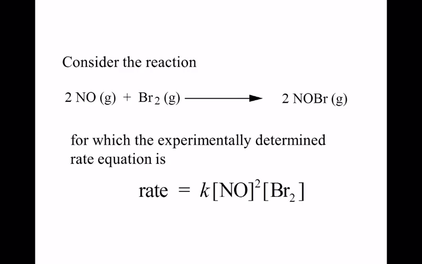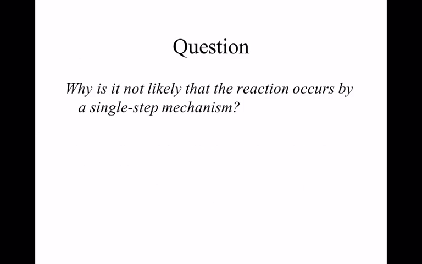You're like, well, the coefficient of NO is 2, the coefficient of Br2 is 1, okay, but not likely, and for this class, no. So why is it not likely that the reaction occurred by a single step mechanism? Termolecular is not likely for this class especially. So termolecular equals unlikely.